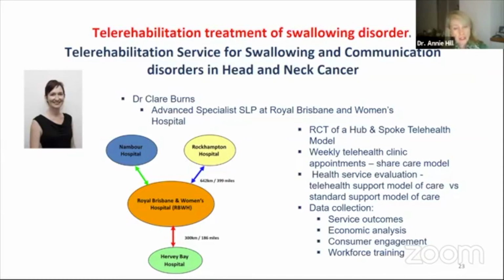Again, looking at service, economic analysis, workforce training, consumer engagement, as well as the clinical data. In terms of the economic analysis, we found a 12% cost saving, which was enough for this service to be seen as a sustainable service. And so this still exists now.